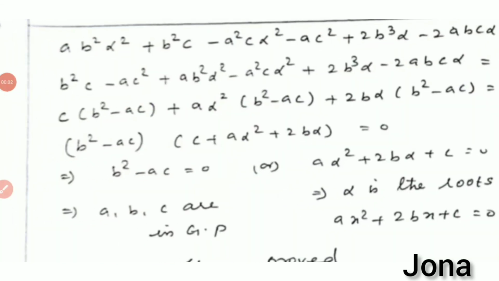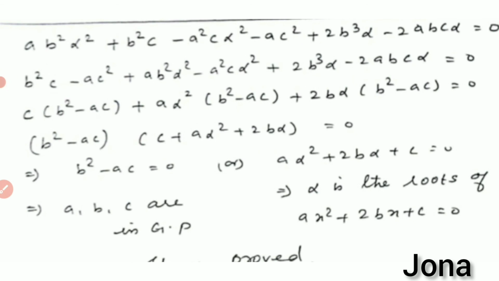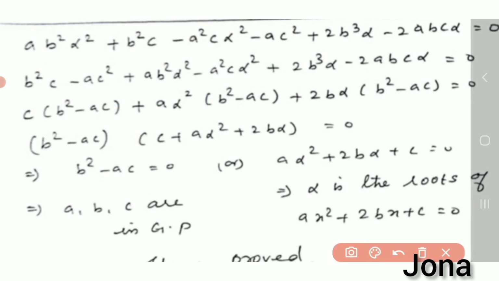Here we got a b square alpha plus b square c minus a square c alpha square minus a c square plus 2b cube alpha minus 2abc alpha equal to 0. These are the remaining terms. For the simplification, we take the common factors. From the first two we can take c, and the common thing is b square minus ac.